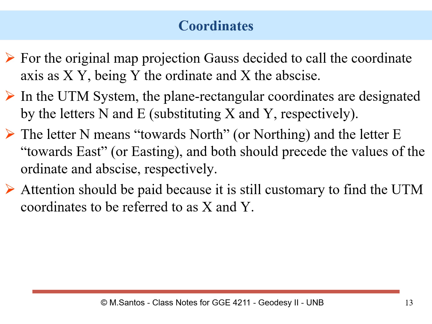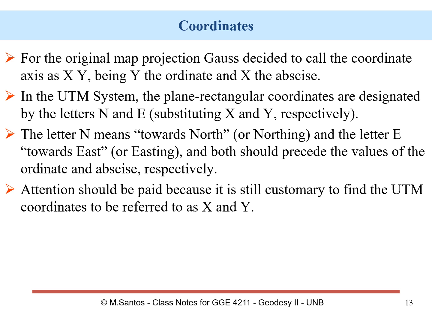Now let us talk about coordinates. In the original map projection, Gauss decided to call the coordinate axes x the ordinate and y the abscissa. In the UTM system, the plane rectangular coordinates are usually designated by the letters N and E, replacing x and y.